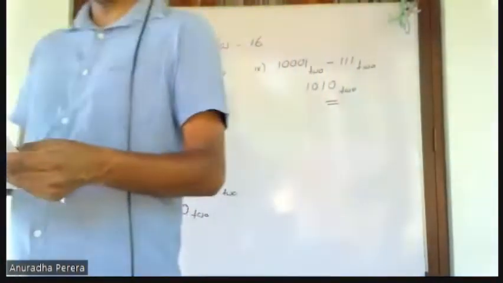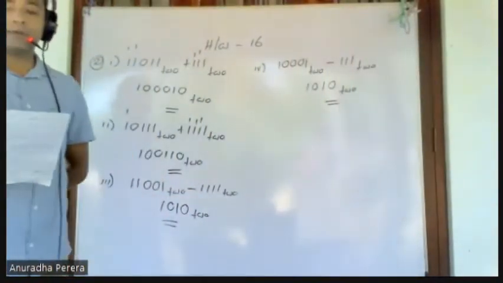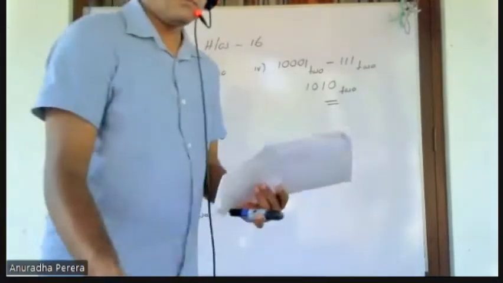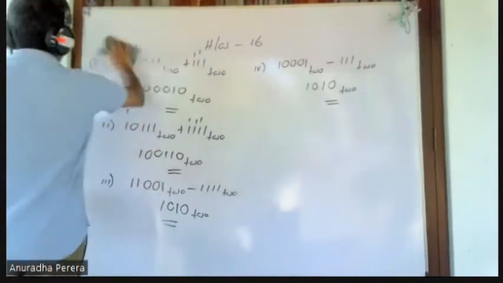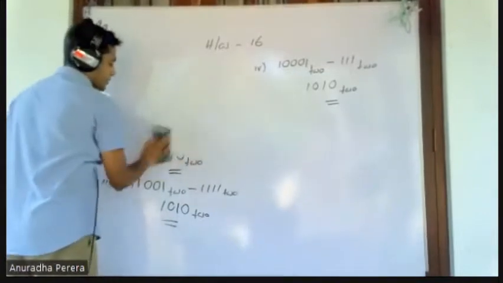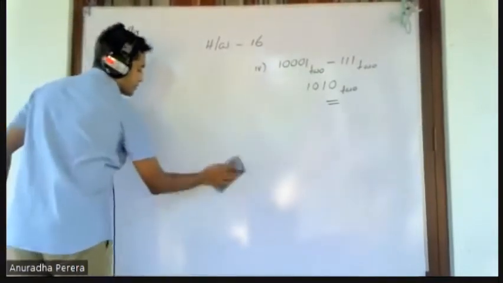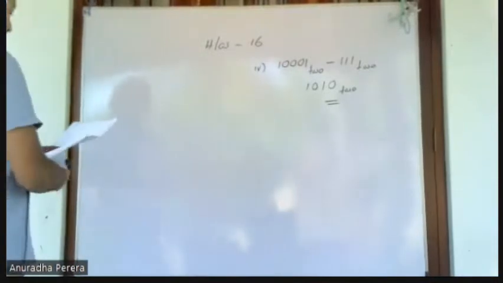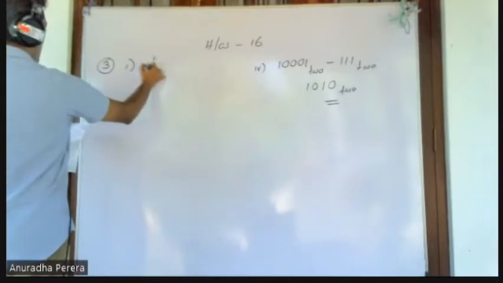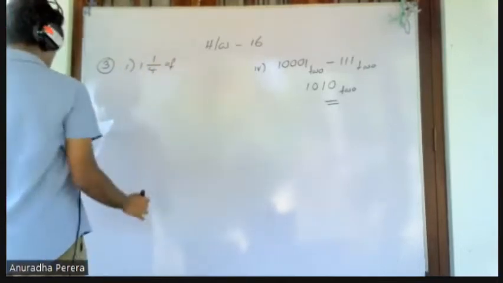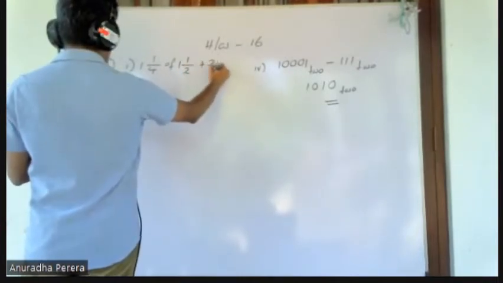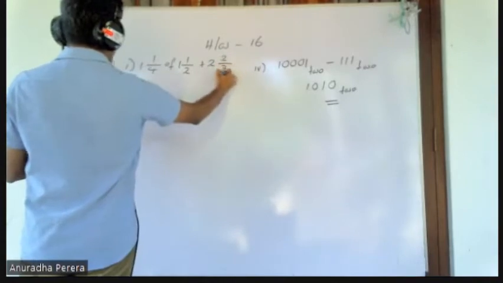Third question. Fractions. 1 1 over 4 of 1 1 over 2 plus 2 2 over 3.